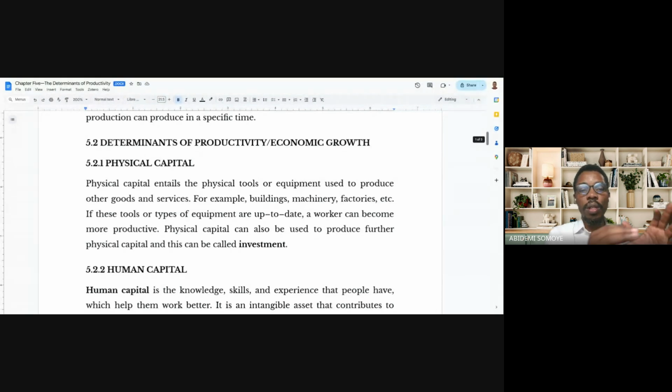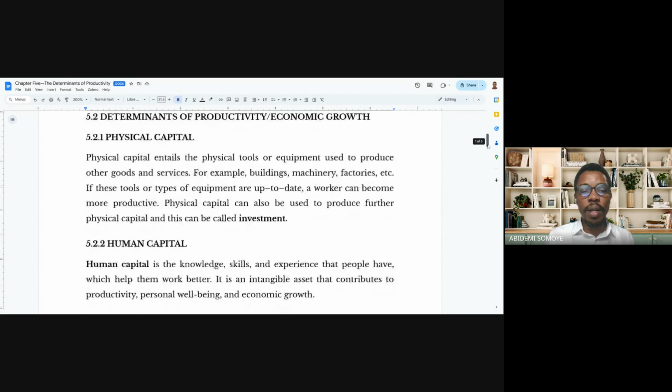So, what are the determinants of economic growth or productivity? First of all is fiscal capital. If one has much more advanced fiscal capital, then that worker can do his or her work much faster, much better, with less stress.